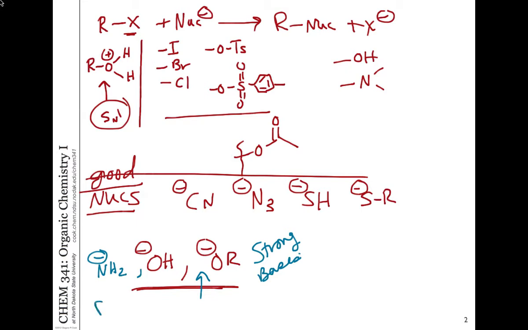So these are actually poor choice for nucleophiles, but good choice as a base. So if you want to control this competition between elimination or substitution, your choice of nucleophile and or base is an important characteristic.